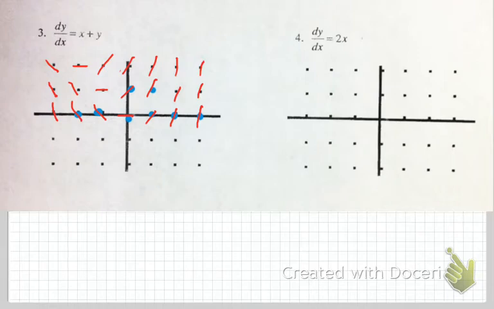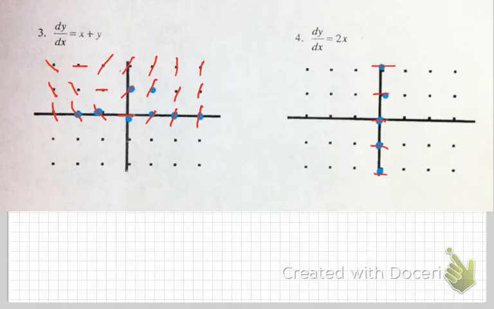Number 4. Let's see, we have 2 and x. So we don't have y, so we're going to do all these the same. Okay, so let's see, if x is 0, the slope is 0.